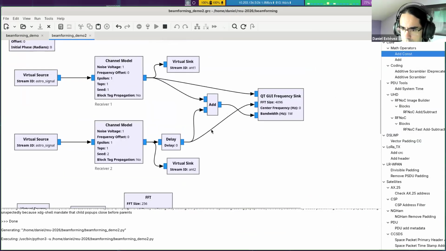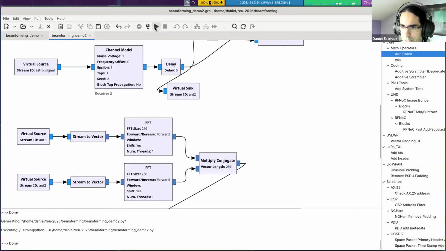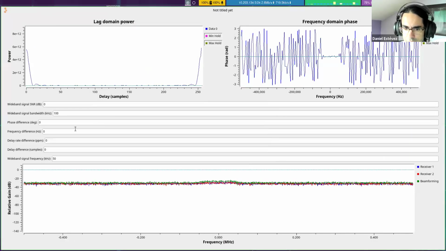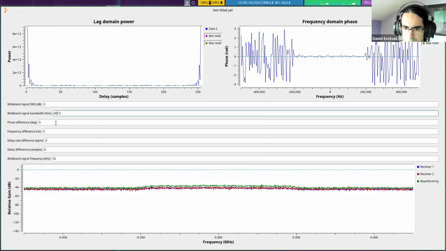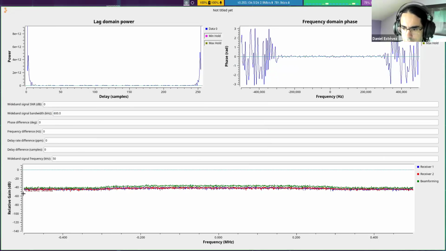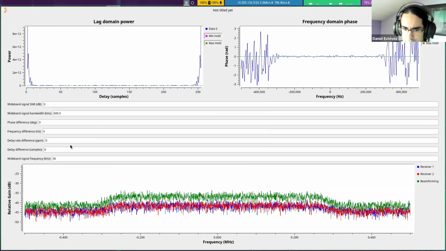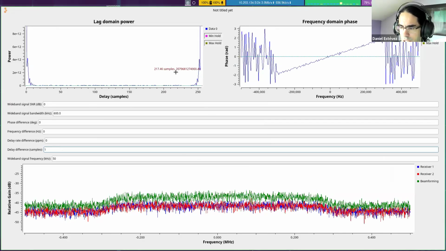Maybe I've made a mistake. Yes, I've connected this before the delay, which is a good example. So this thing is not seeing the delay. I should connect it here. So, okay, let's stop it and run it again. I was with, I think, 400, maybe 600. That's what I had. And if I add a delay of 1 sample, I should see it.